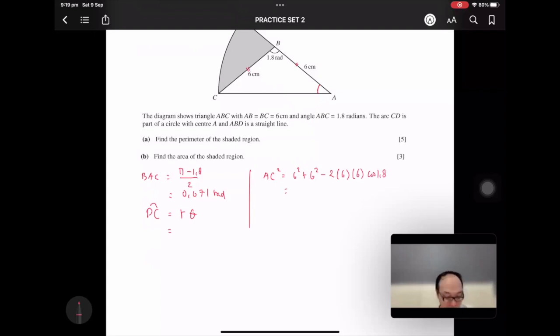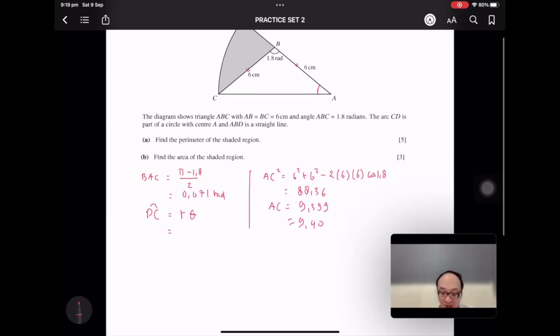So this is 6 squared plus 6 squared minus 2 times 36 cos 1.8. So this is 88.36. So AC will be equal to 9.399, 9.40.